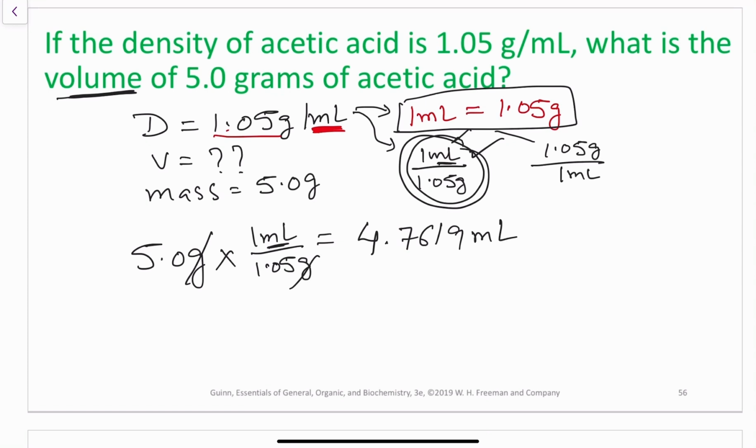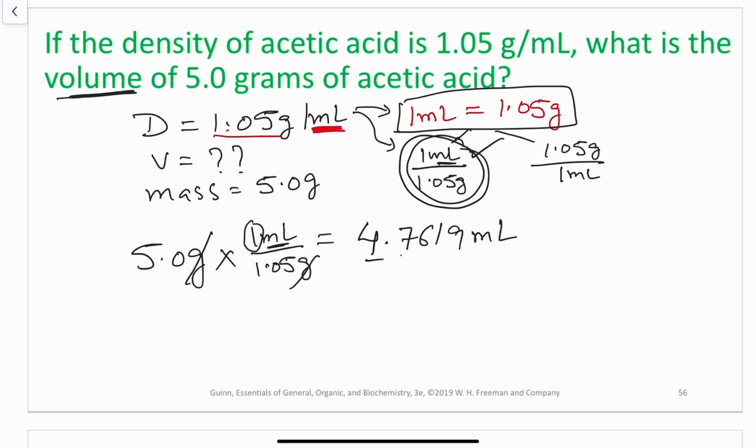But how many significant numbers do you need? You need 2 significant numbers, right? This 5.0 has 2 significant numbers, so you're going to use 2 significant numbers in here, not 1.